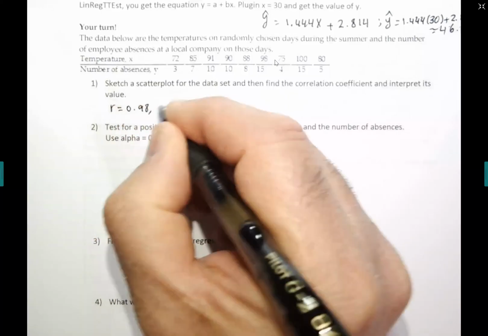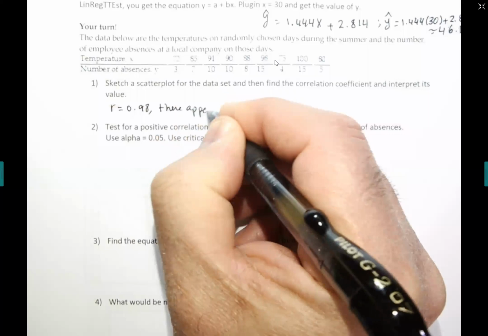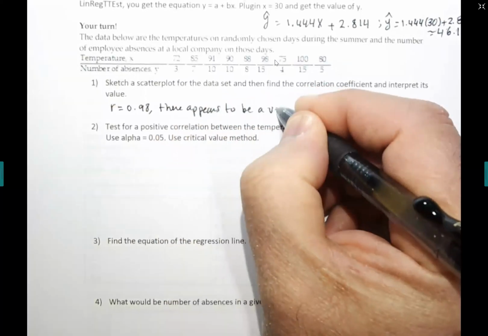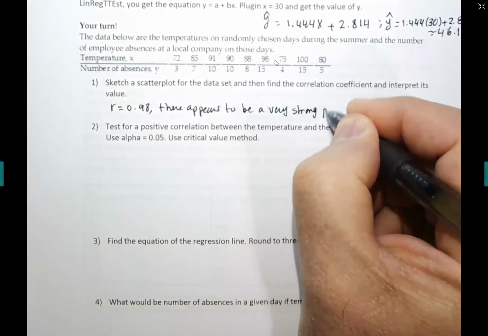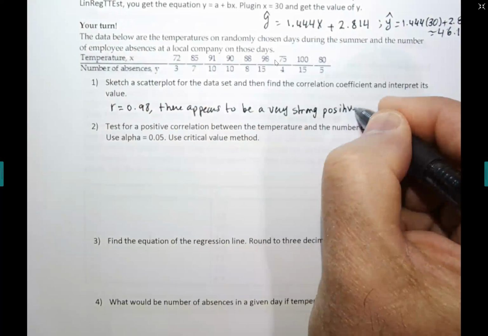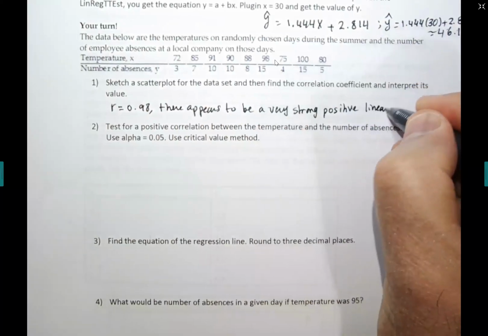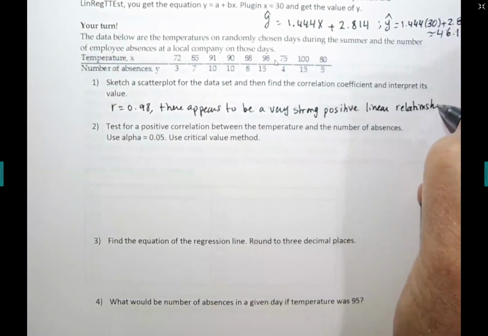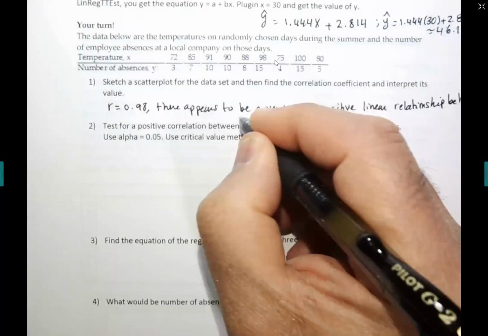Okay, you're right. If you want to see what there appears to be, I agree with the student who says very strong, positive, linear relationship between temperature and number of absences.